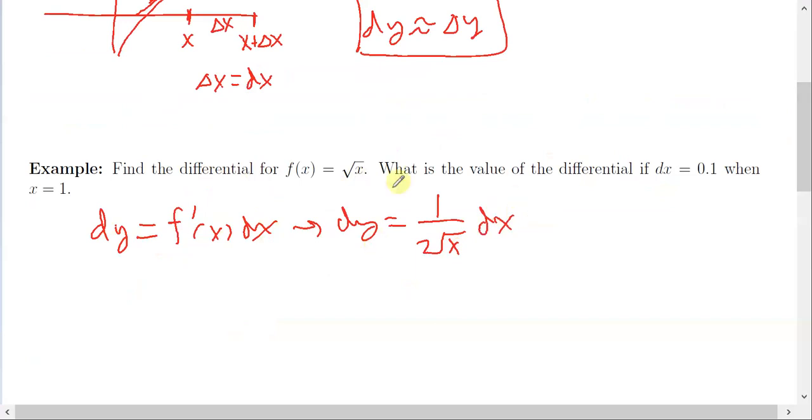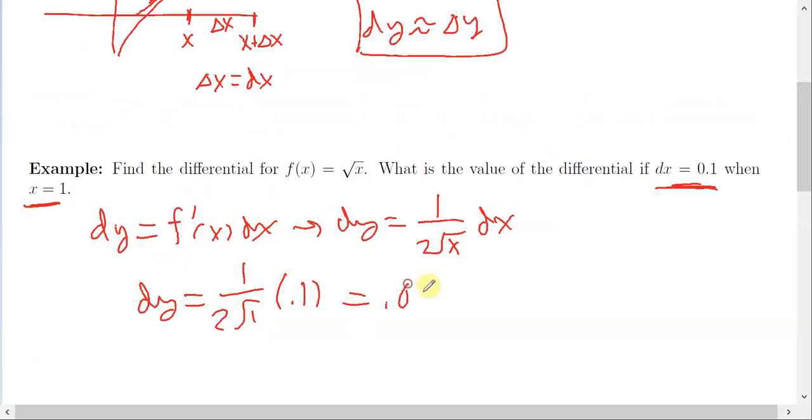That's my differential. What is the value of the differential if dx is 0.1 when x is 1? Okay, well that's pretty easy. You just plug in: dy is 1/2 times the square root of 1 times 0.1. And if you work that out, you get 1/10 times 1/2, that's 1/20th, which is 0.05.